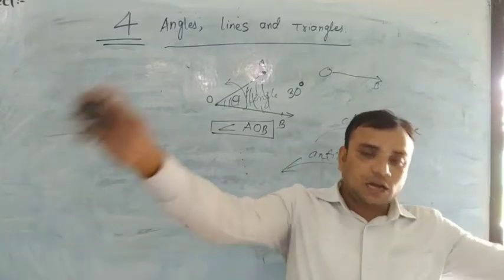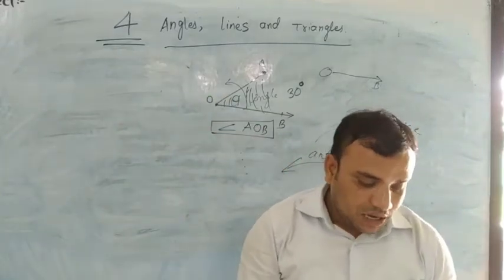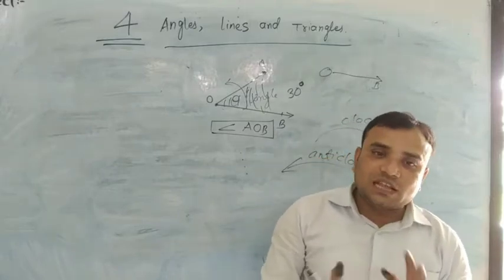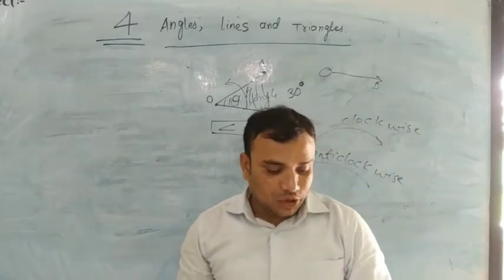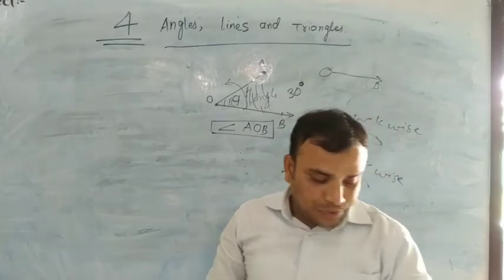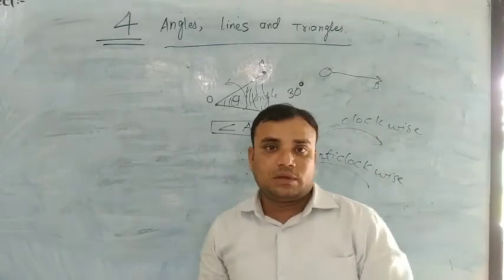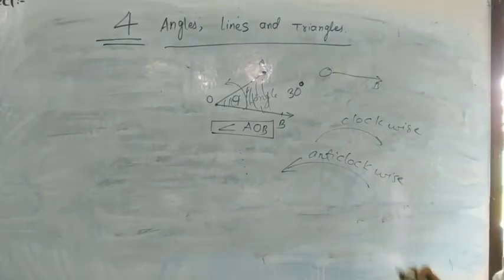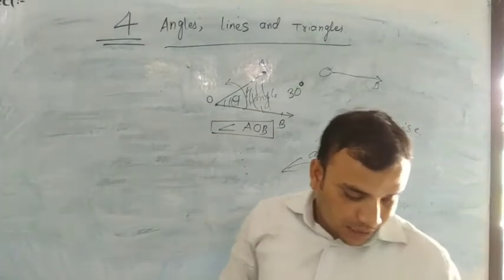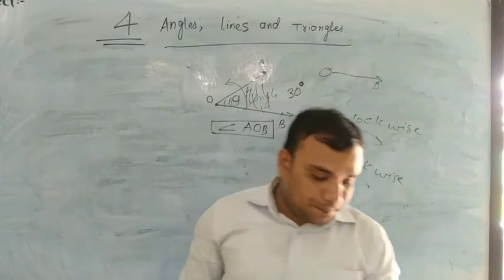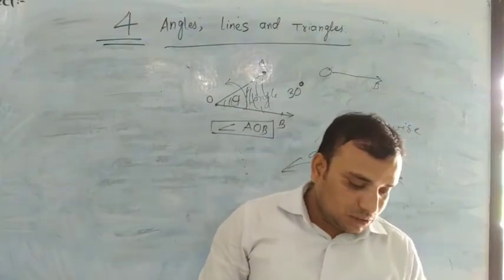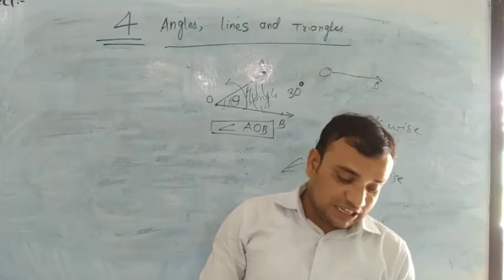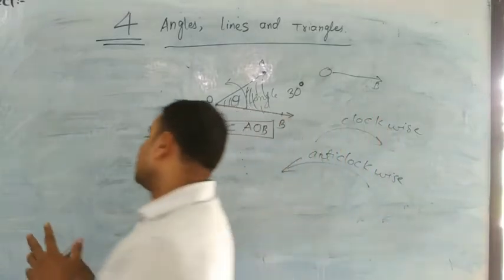Now an angle of 360 degrees. If a ray OA starting from its original position rotates about O in the anti-clockwise direction, and after making a complete revolution, it has rotated through 360 degrees.